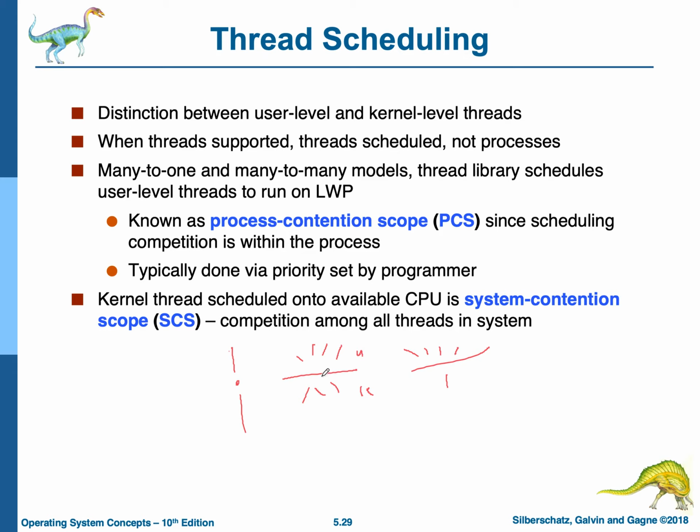The mapping happens between user and kernel level threads. So when we talk about scheduling, most of the time we are considering the kernel level threading.